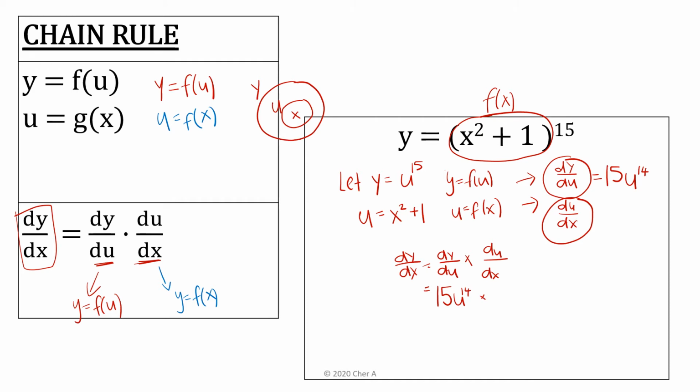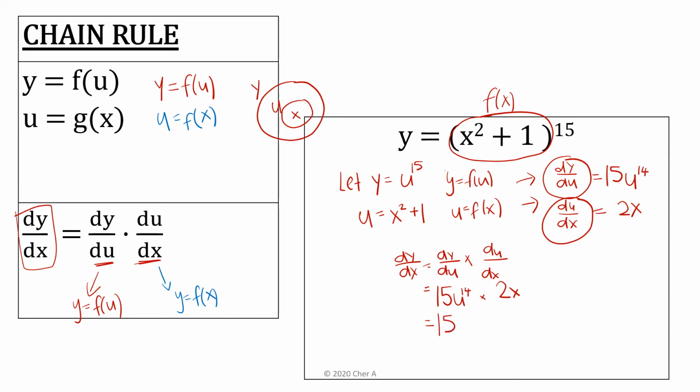To differentiate u equals x squared plus 1, I will have to use the sum rule. Differentiating x squared first, I will get 2x, and the 1 is nothing. So du over dx is 2x. Now I have 15 multiplied by u to the power of 14 times 2x.